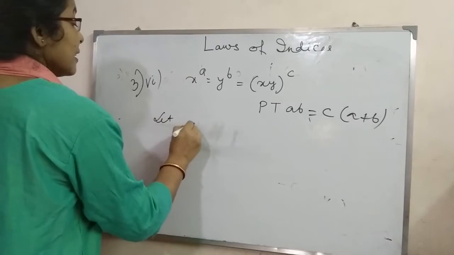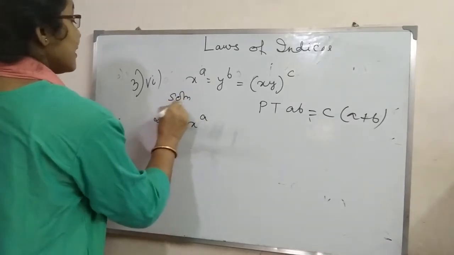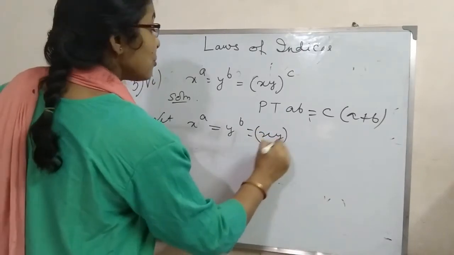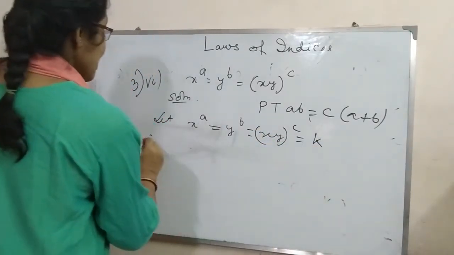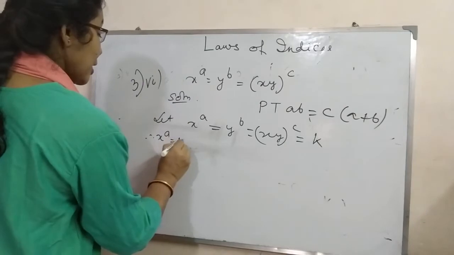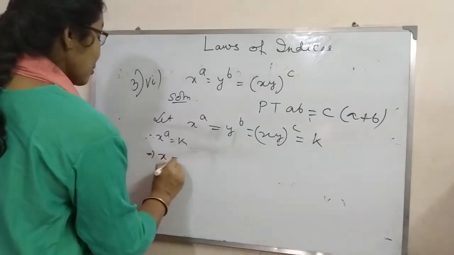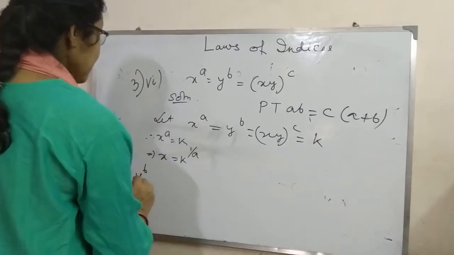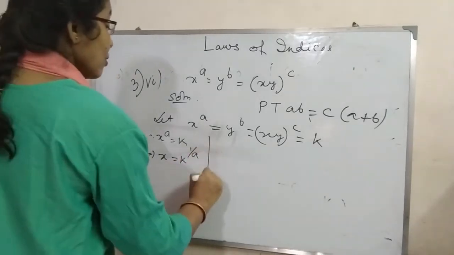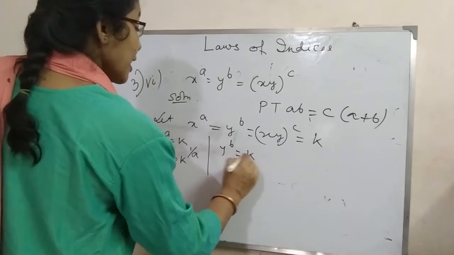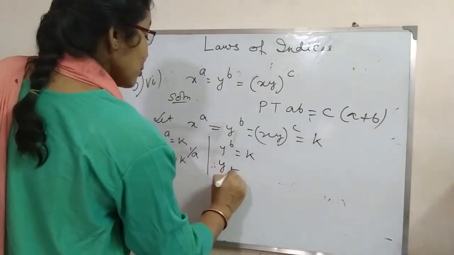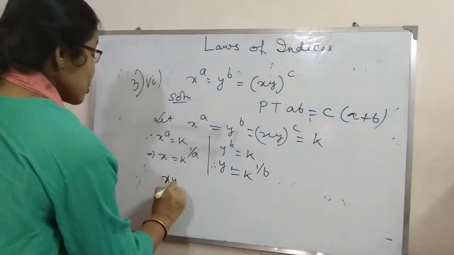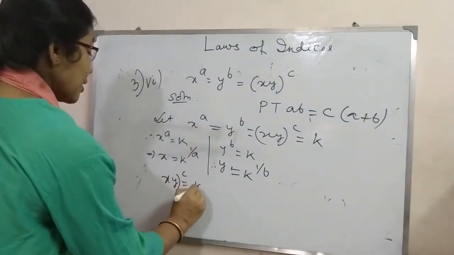Solution: let x to the power a equal to y to the power b equal to xy whole to the power c equal to k. So I can write x to the power a equal to k, that is x equal to k to the power 1 by a; y to the power b equal to k, so y equal to k to the power 1 by b; and xy to the power c equal to k.